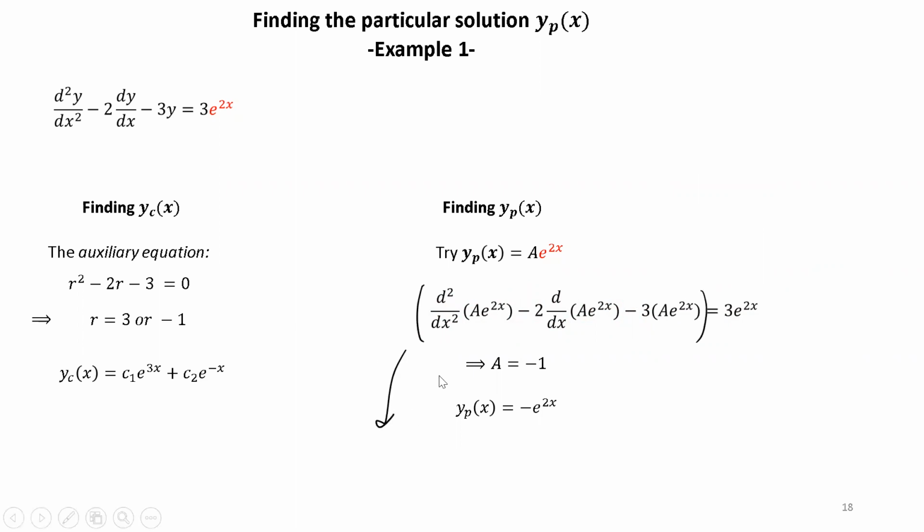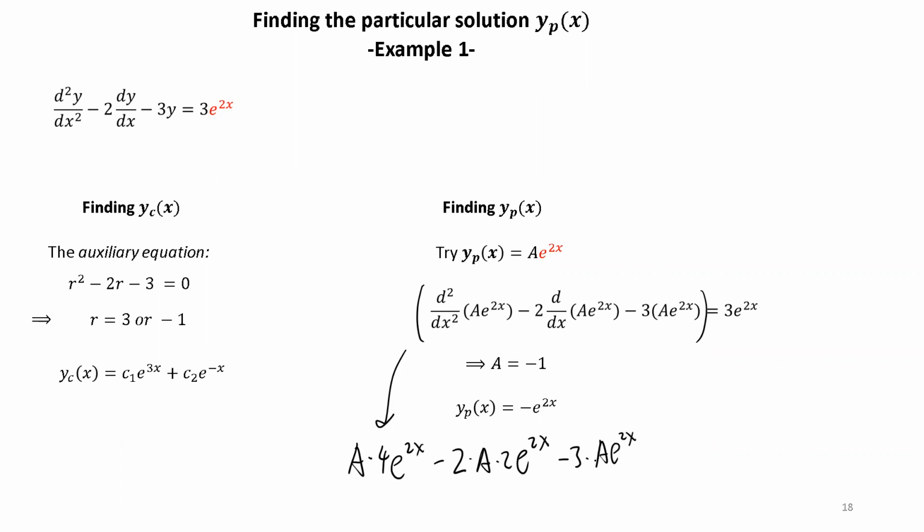You take the derivatives 2 times. So that means this is a times 4e to the 2x. Right? And then what about this one? So this is minus 2 times a times 2e to the 2x. And then the third term is just minus 3 times a e to the 2x.